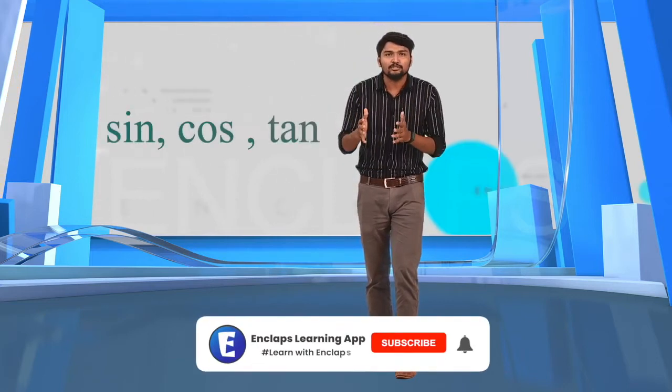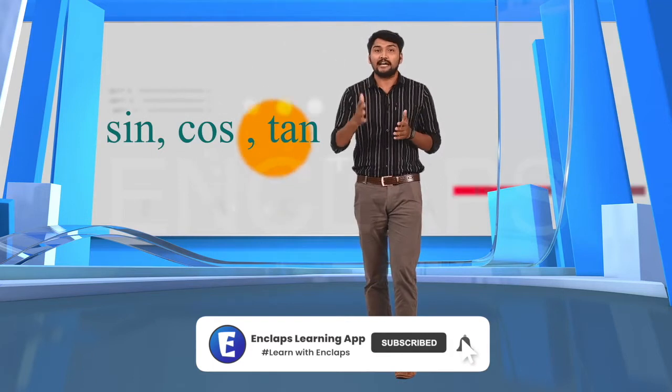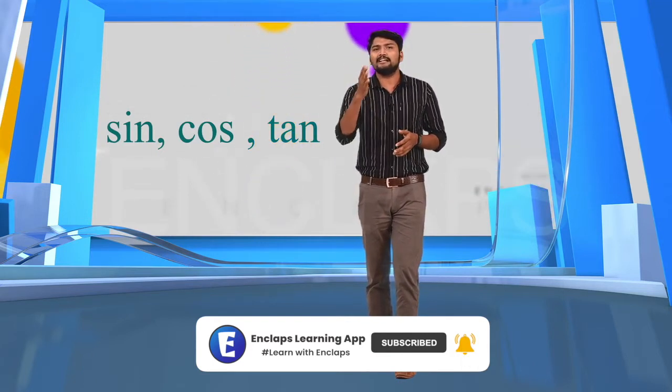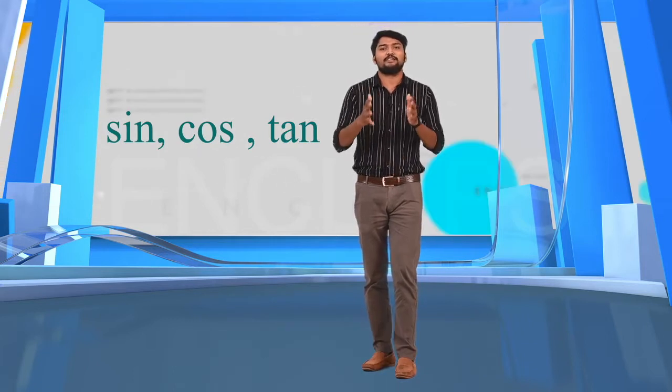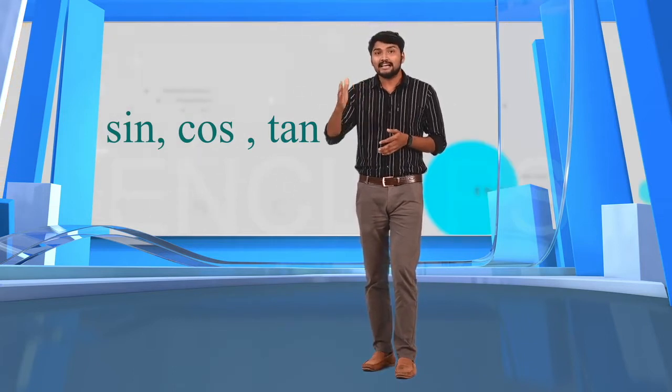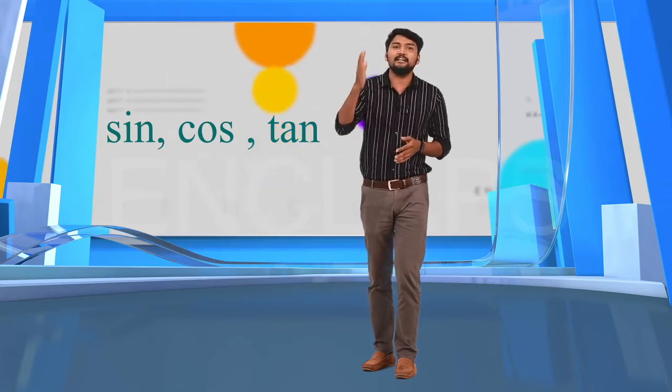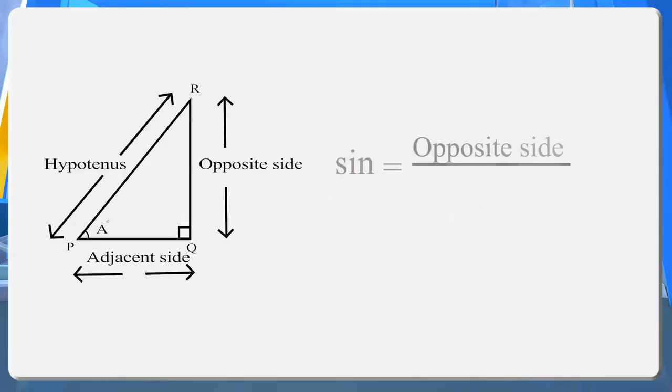Let's study these functions, sine, cosine and tangent. While solving a problem, we should use sin, cos and tan instead of sine, cosine and tangent. I will give a clear picture about these functions by taking the sin, cos and tan of angle A in the given triangle. Sine of an angle is the opposite side of the angle divided by the hypotenuse.